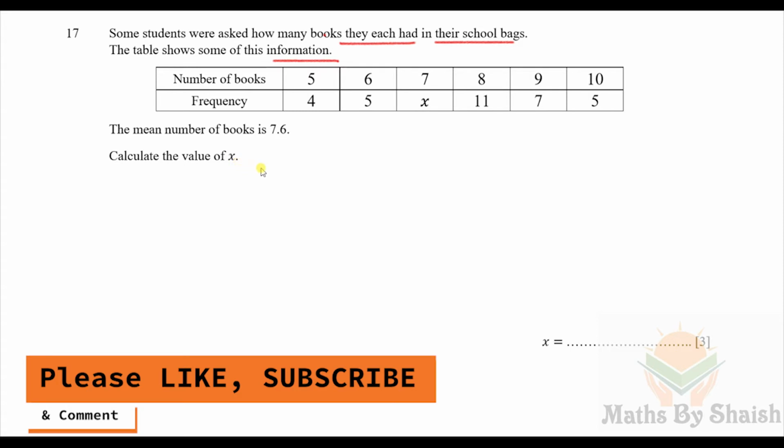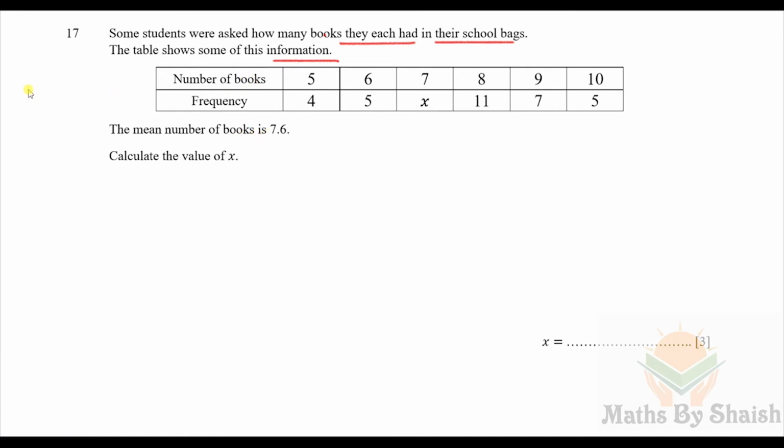That is the question. So we know the mean for this discrete type of data. We have mean x bar equals summation of fi xi over summation of fi, meaning the product of the number of books and its frequency, summed, and then divided by the sum of the frequencies.